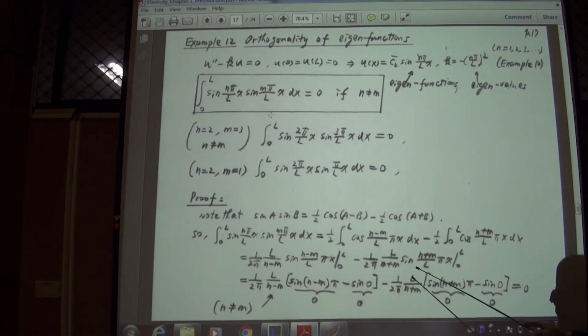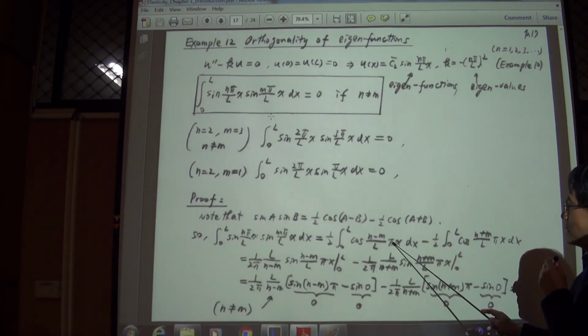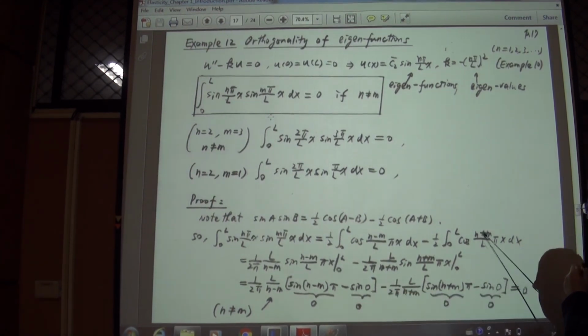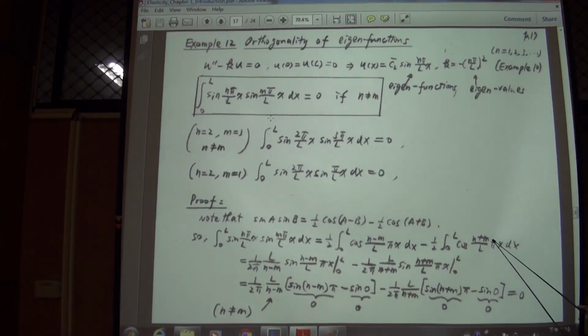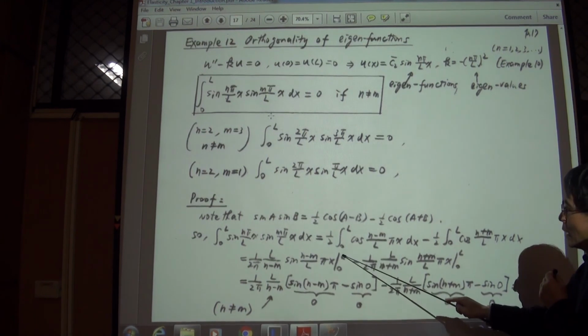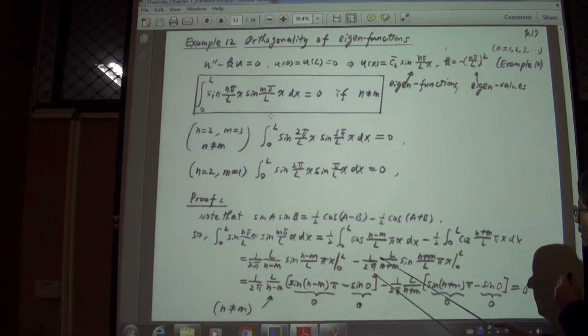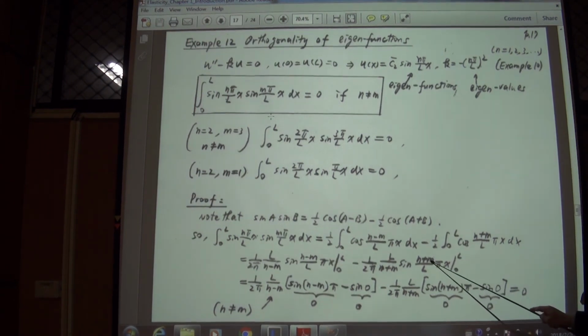Once you have done this, this cosine function can be integrated easily to get this one, and this cosine function can be integrated easily to get this one. And then you put the upper bound and lower bound inside this function.